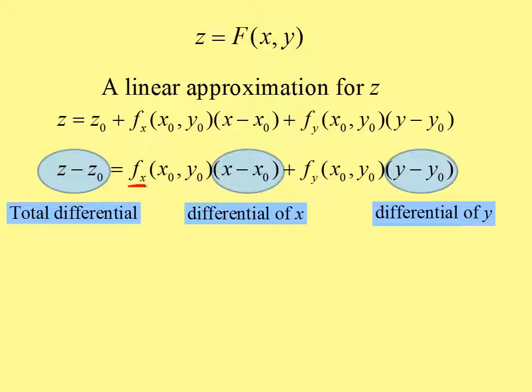It's the partial of x times the differential of x plus the partial of y times the differential of y. So all this is saying is you get the total change in z by taking the little bit of change in x and the little bit of change in y and adding those together. Now those differentials are referred to as dx and dy and dz.